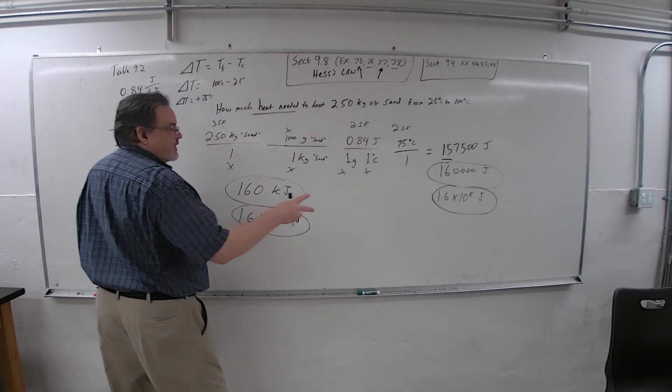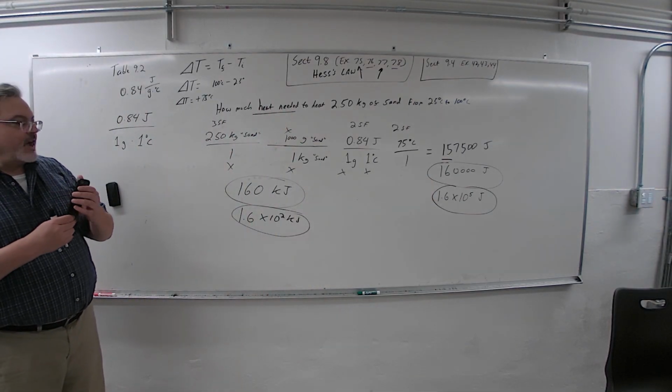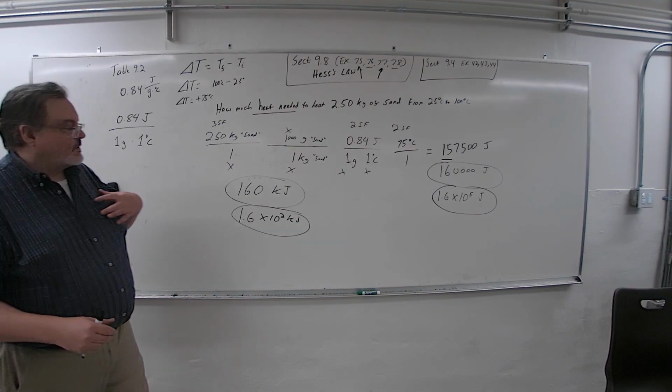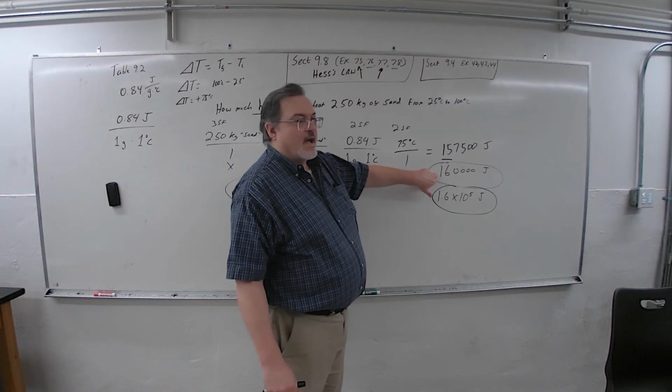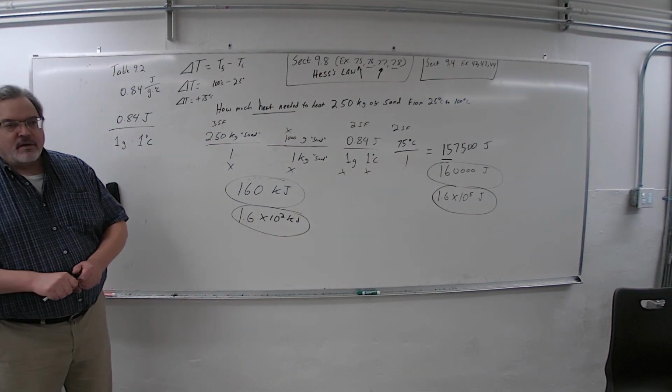So these 2 and those 2 are all 100% correct. If you're not asked to put it in kilojoules, you can leave it in joules. If you're not asked to put it in scientific notation, you don't have to. You guys okay with that?